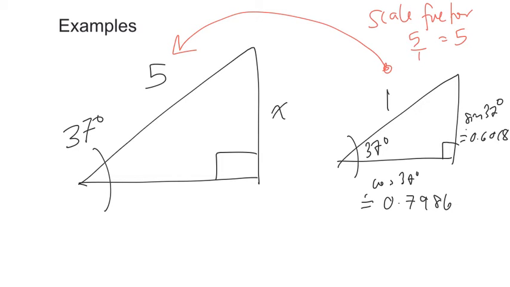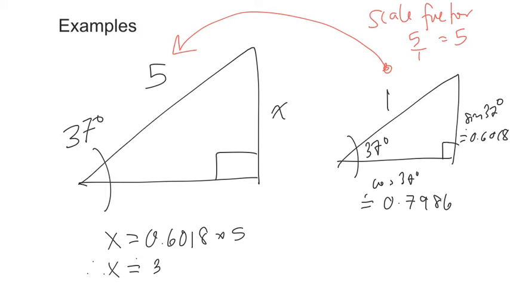If I do that, I get a number very, very close to 3. So x equals 0.6018 times 5, which is very, very close to 3. So x is 3.